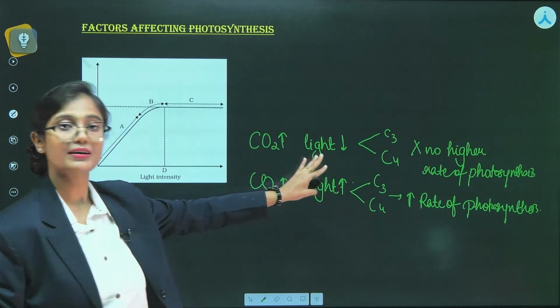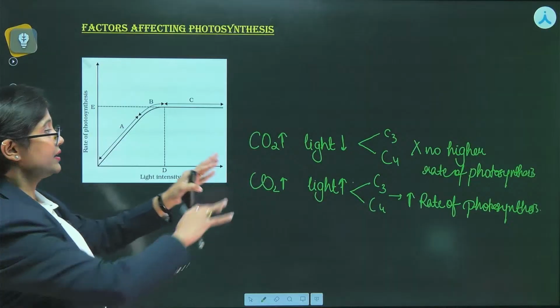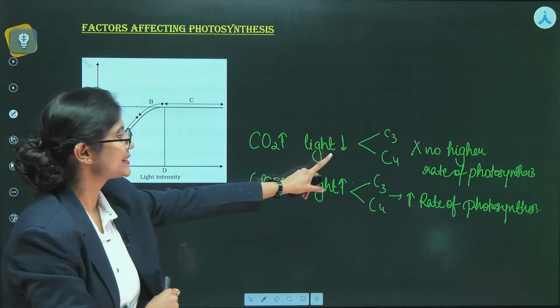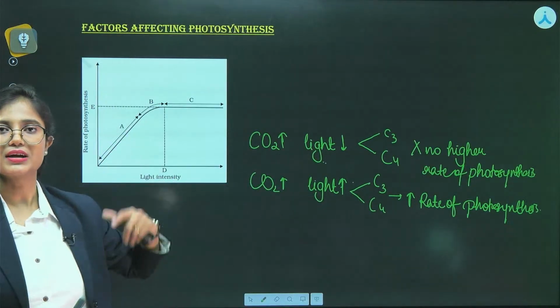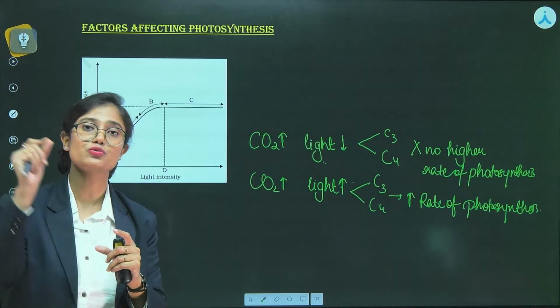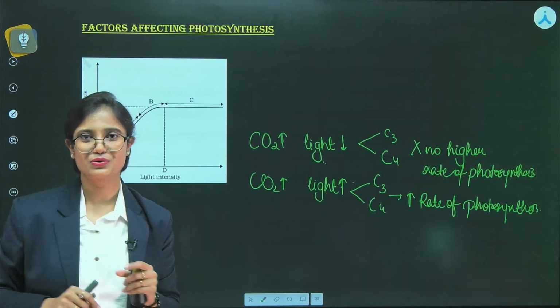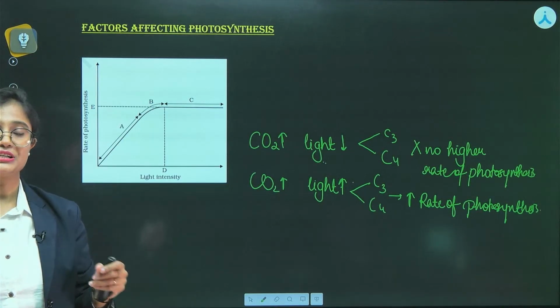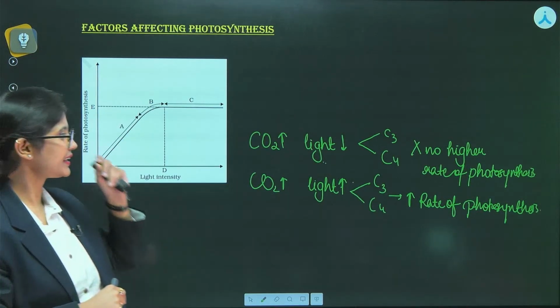That means in this condition, the factor affecting the rate of photosynthesis is the intensity of light, not carbon dioxide. So the factor present in the lesser amount will decide the rate of photosynthesis. This is what Blackman's law of limiting factors states, right?